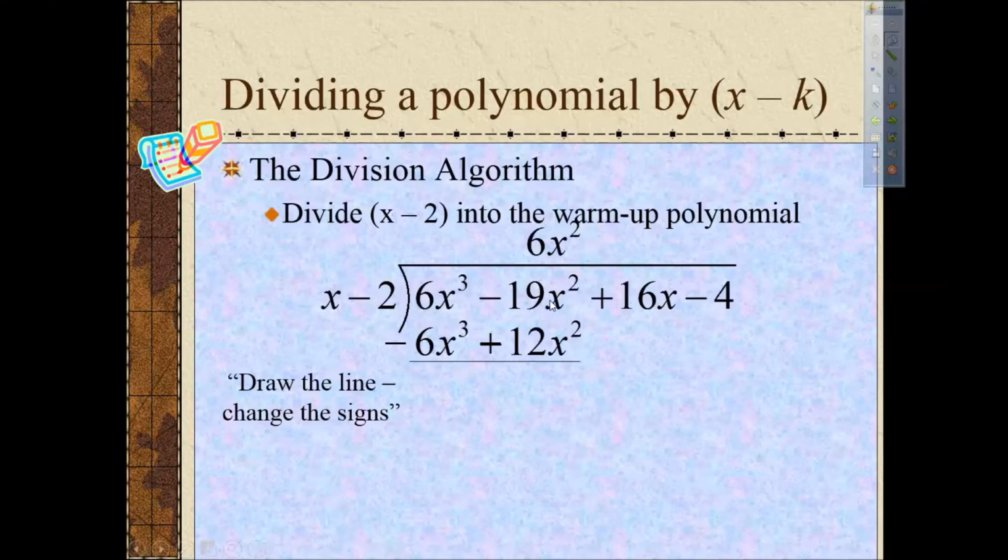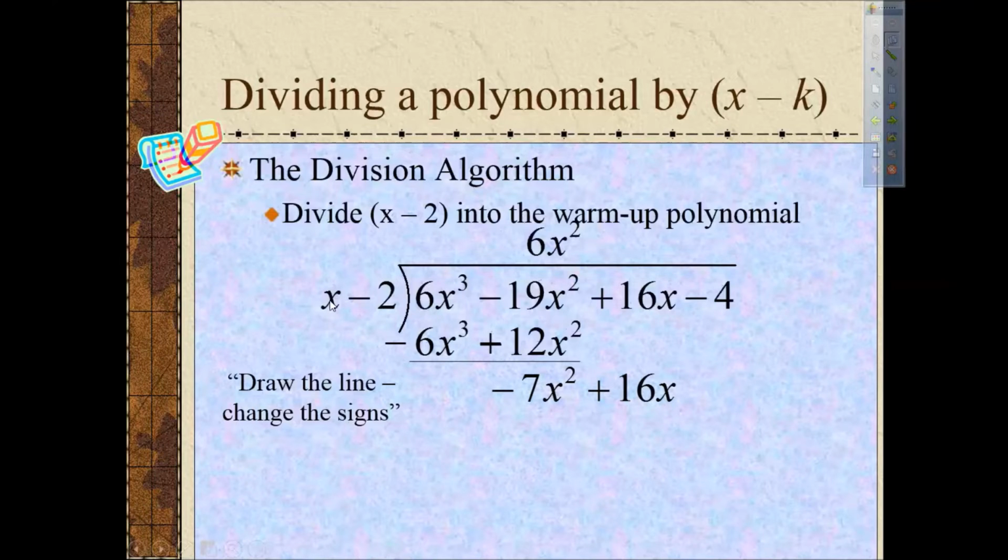Negative 19x squared and positive 12x squared add up to negative 7x squared. I'm going to bring down the 16x. It's almost the way I brought down a number when I did the numerical division.